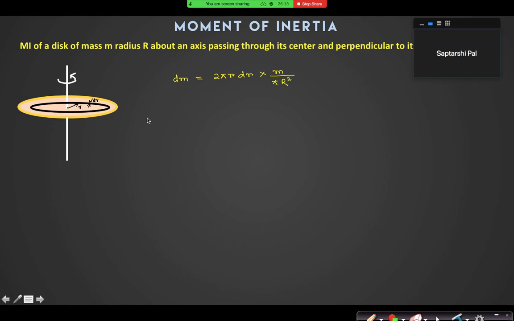Can I write the mass of this small ring like this? Yes or no? Yes, sir.